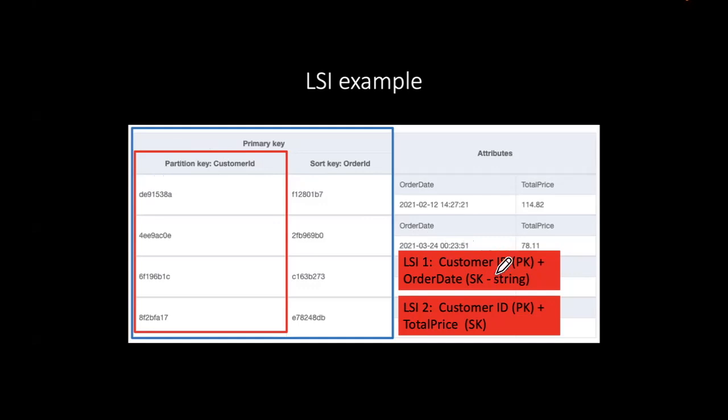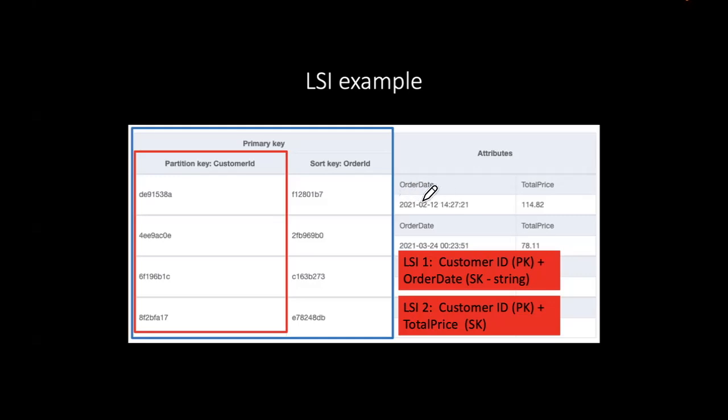Now, if I have a local secondary index like that, that means I can run queries like give me all orders for customer 1234 that begin with 2025. I'm not sure if I mentioned it or not, but date is not a native type in DynamoDB. So these dates are actually stored as strings.